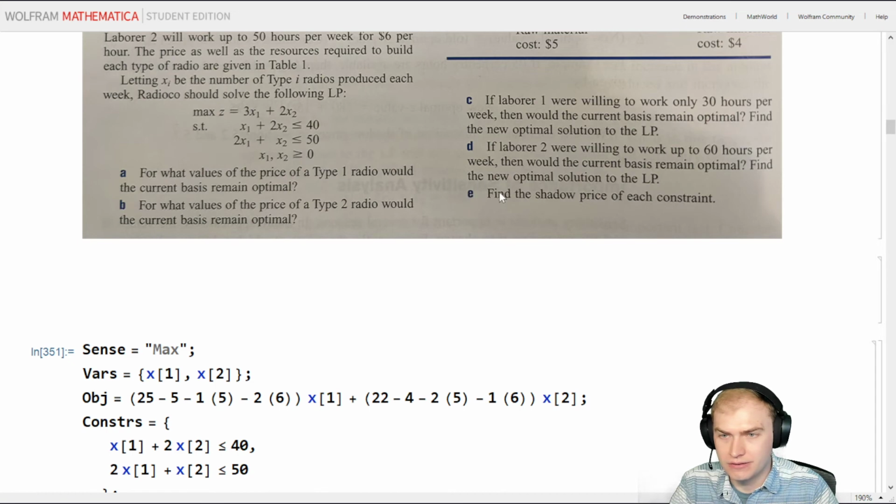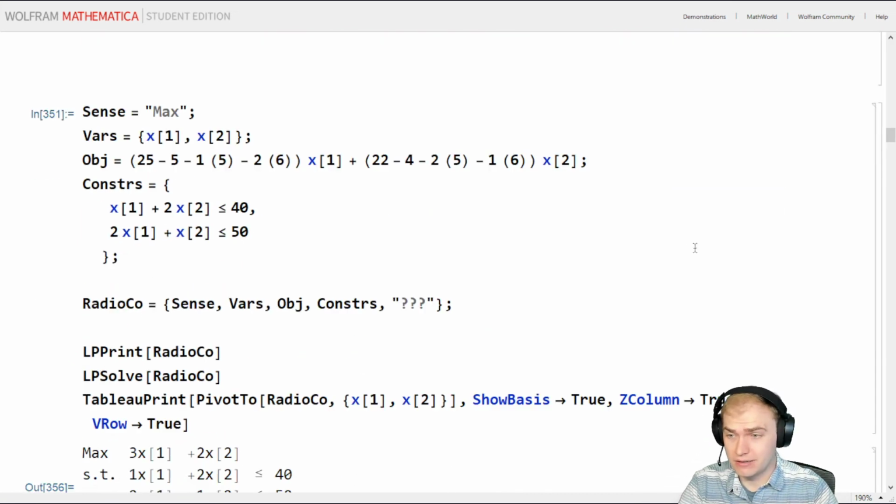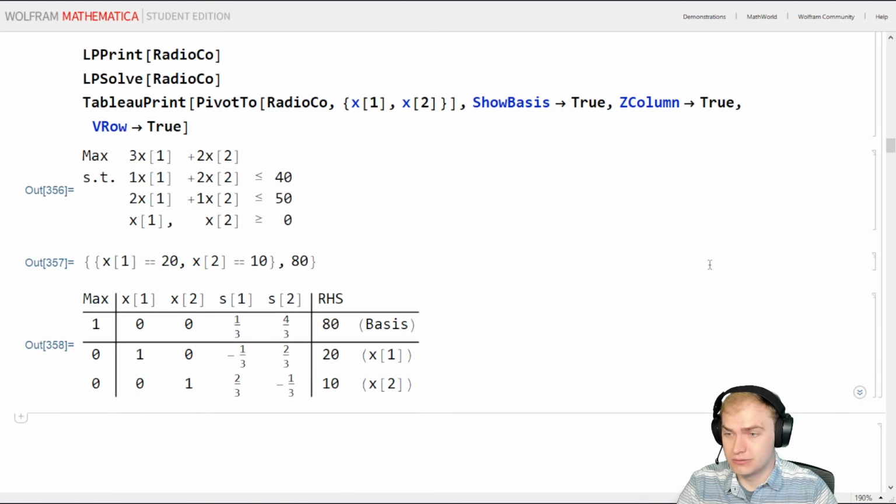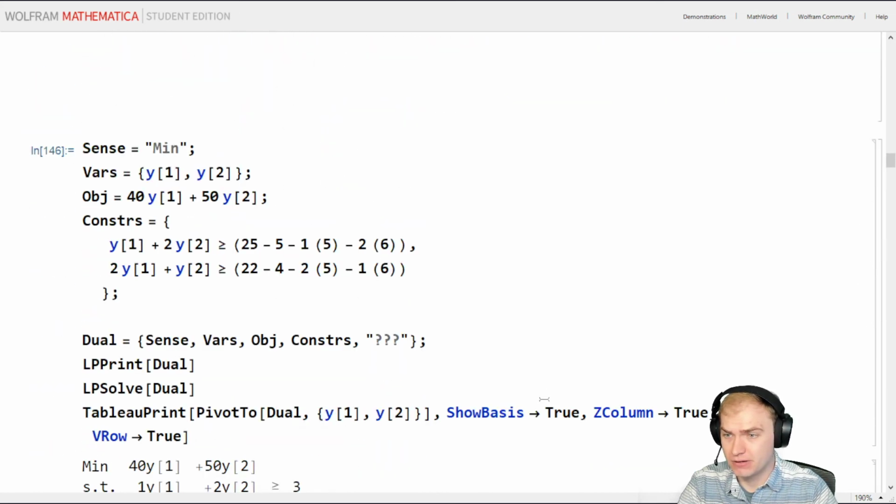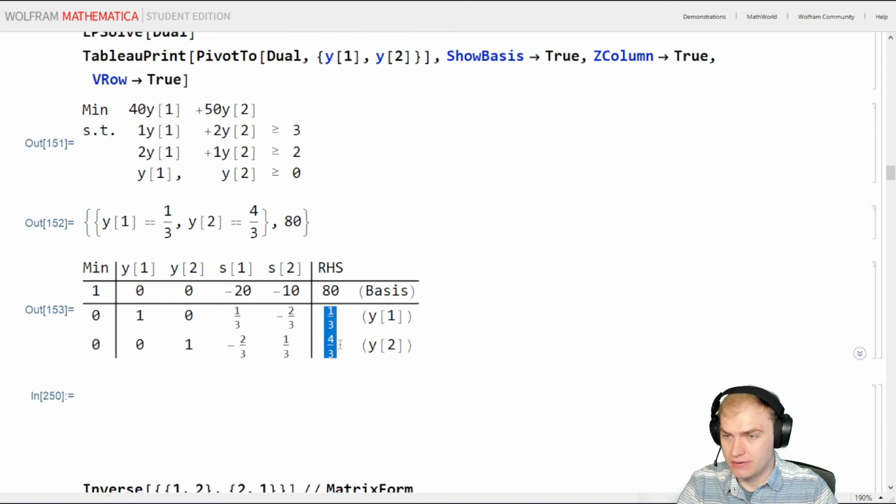The last thing is to find the shadow price of each constraint. To find that, we're just going to look at the reduced cost for the slacks, or the values of the dual variables. Either one, they give the same result.